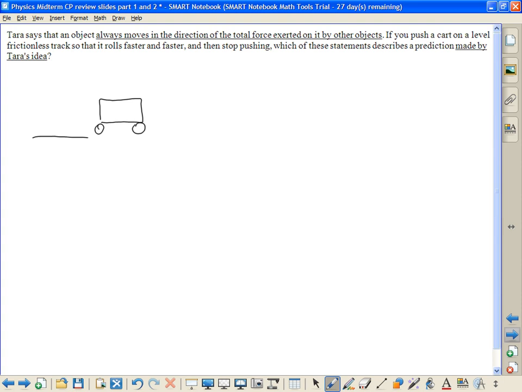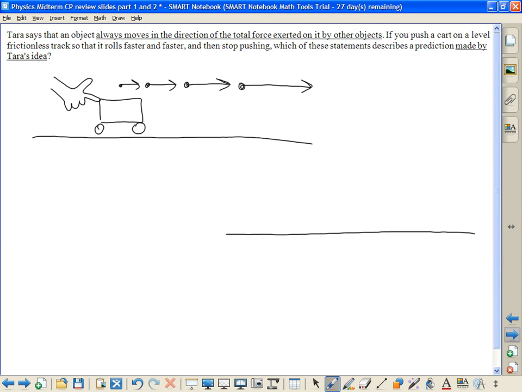Cart, frictionless track, push. It's going faster and faster. And then at some point, you stop pushing, and something else is going to happen.